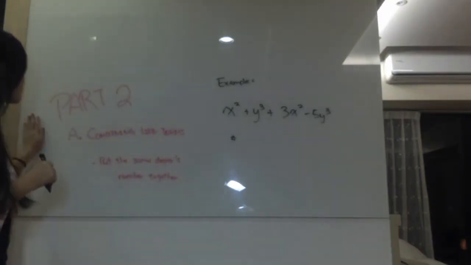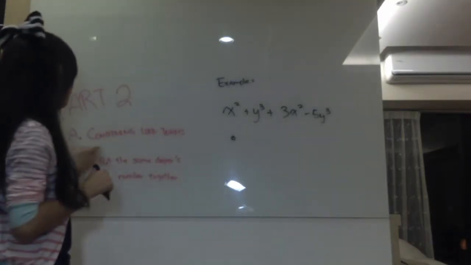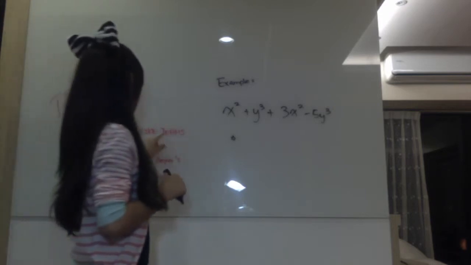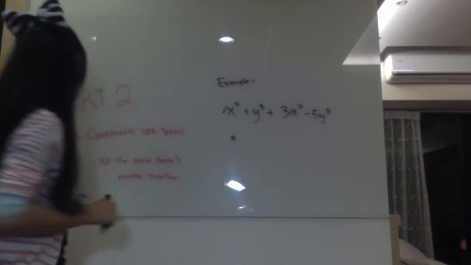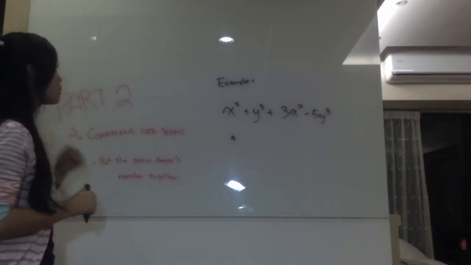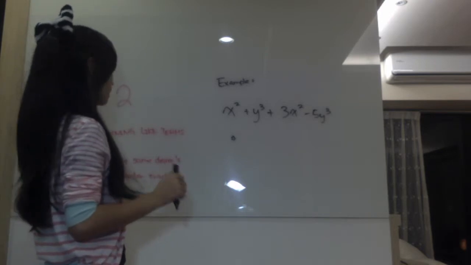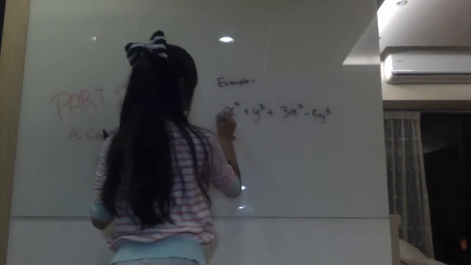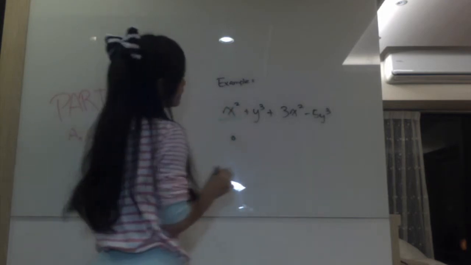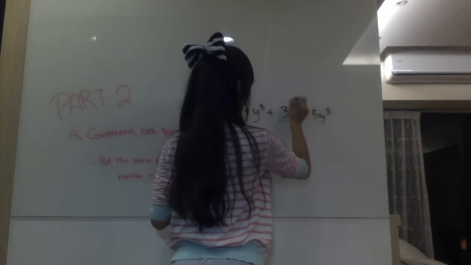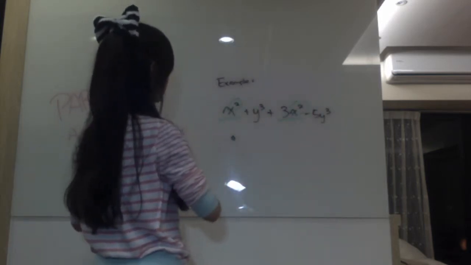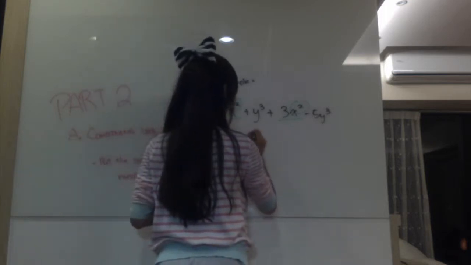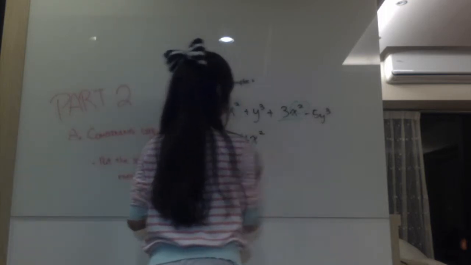Okay, this one is part 2A. Combine like terms. This one is just put the same degree terms together. Like this one, x² and 3x², they have the same degree. So we put them together. It will be 4x².